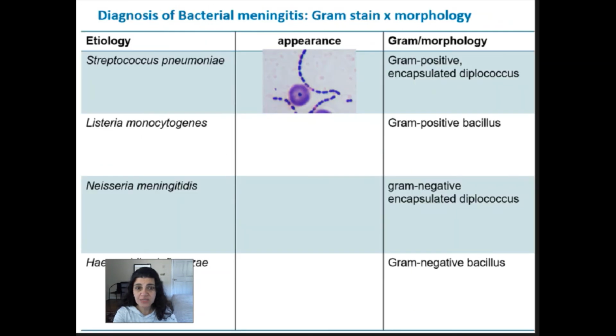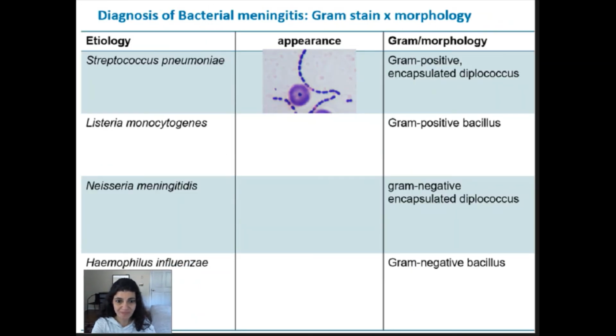With the gram stain, this is what you see. For the 4 bacteria we talked about, the 3 plus Listeria that we're going to talk about in a minute, which can cause meningitis or meningoencephalitis, they look different in gram color and in shape. Combining morphology with gram stain, you can get really close to the actual diagnosis, which will of course be confirmed by other tests.